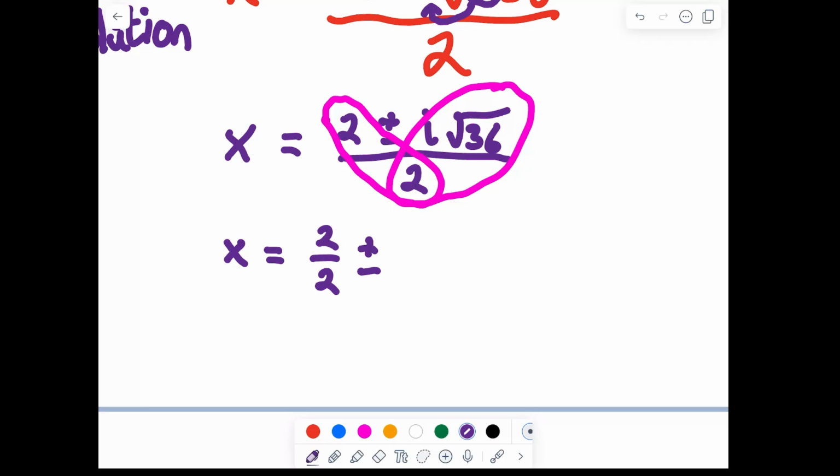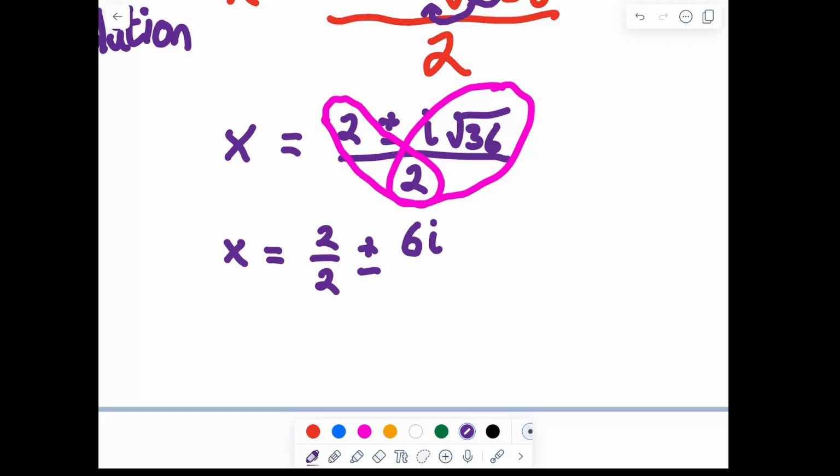I also want to split this apart into a real portion and an imaginary portion. I'll show you what I'm doing. This is 2 over 2, and then plus or minus this part right over here.